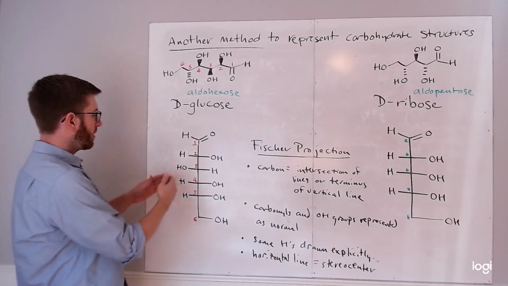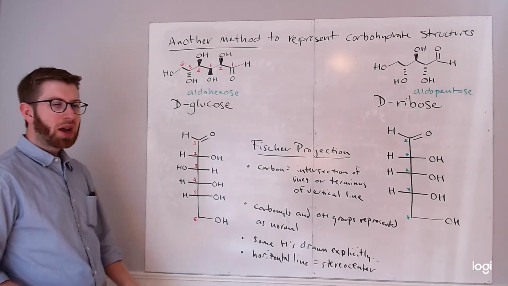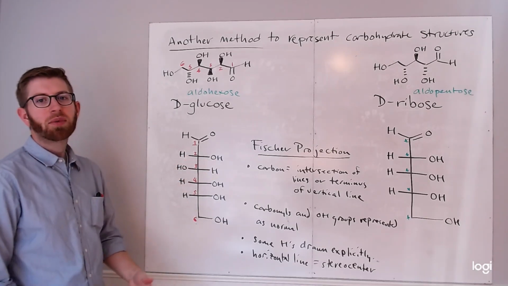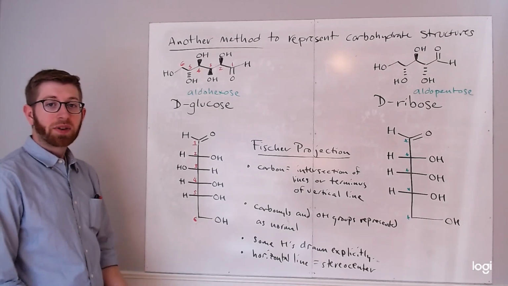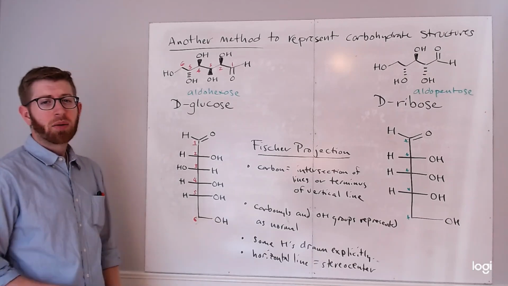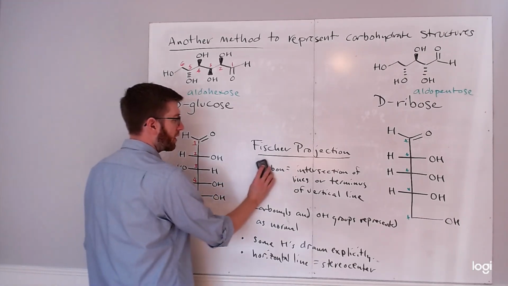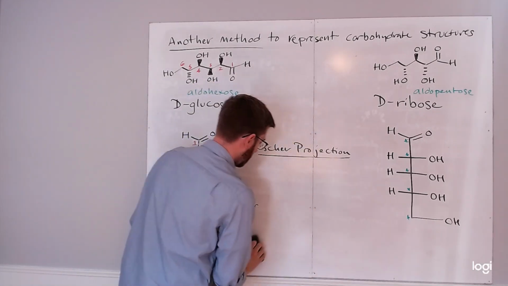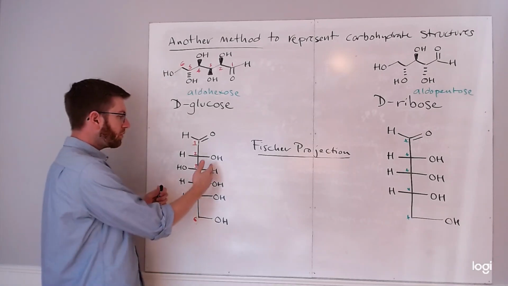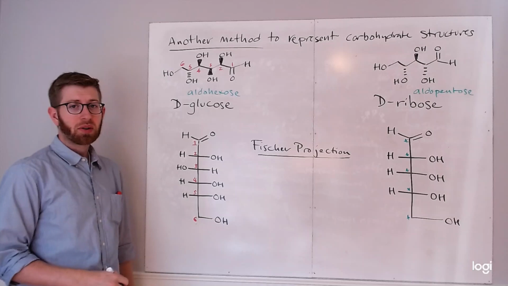We know that the left and the right are corresponding to these horizontal lines, and so it does turn out that the position left versus right tells us something about stereochemical configuration. So you could think about this as like whether the center is R or S, whether the OH group is wedged or dashed, but unfortunately, there's a little bit of a problem that we're going to encounter, and that's that in a Fischer projection, right and left on these horizontal lines do not directly correlate with wedges and dashes.